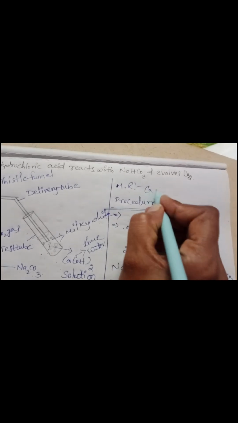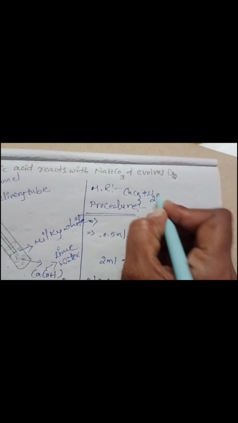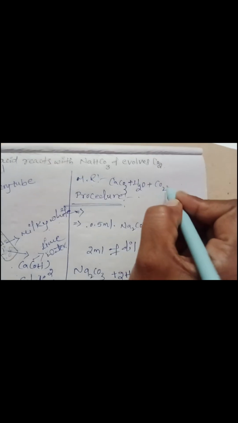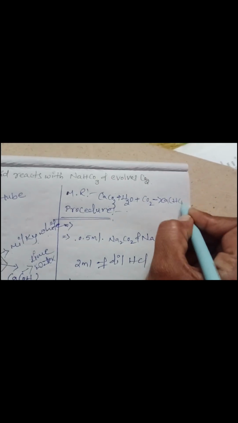On passing excess carbon dioxide, the following reaction takes place. Calcium carbonate plus water plus carbon dioxide releases Ca(HCO3)2, calcium hydrogen carbonate.